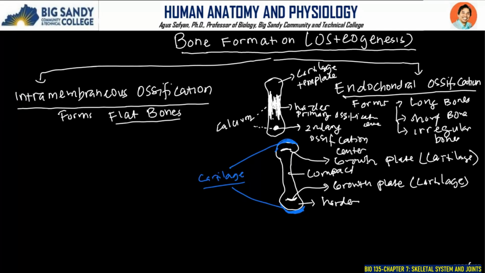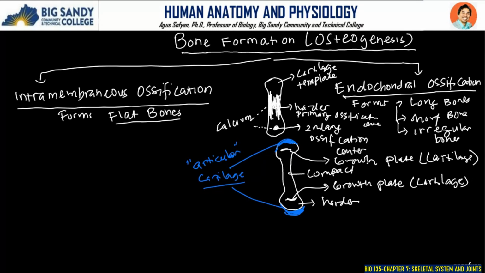So the bone is connected with another bone, and then it makes us able to move. Each of these bones will have cartilage at the end. That cartilage is called the articular cartilage, cartilage used for joints. Articulate means joint. So this is the development of long bone.